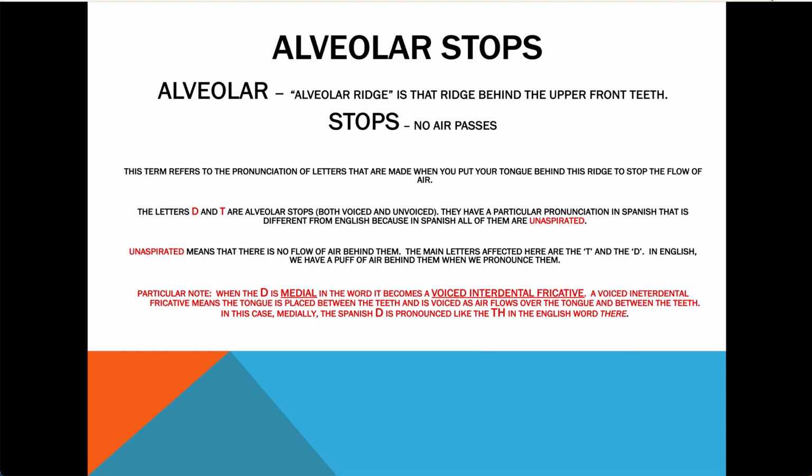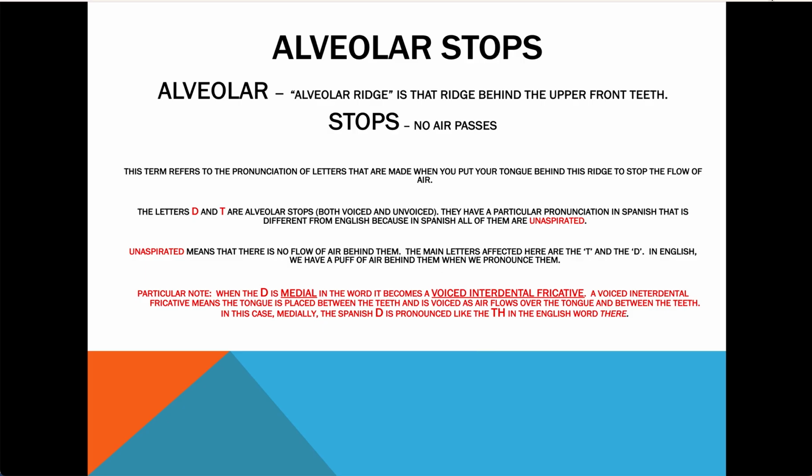They have a particular pronunciation in Spanish that is different from English because in Spanish all of them are unaspirated. Unaspirated, again, means that there is no flow of air behind them. The main letters affected here are the T and the D. In English, we have a puff of air behind them when we pronounce them.